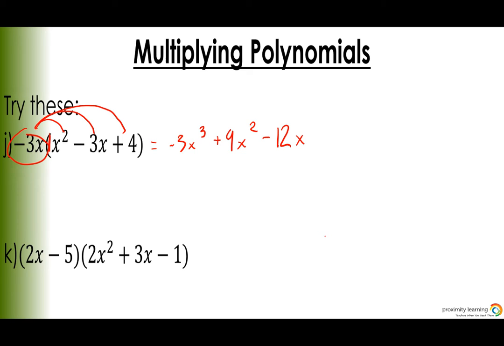So -3x times x squared minus 3x plus 4 equals -3x cubed plus 9x squared minus 12x.